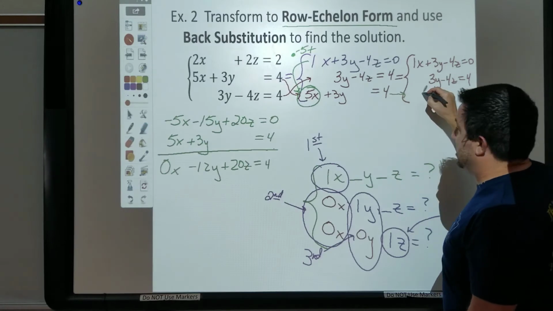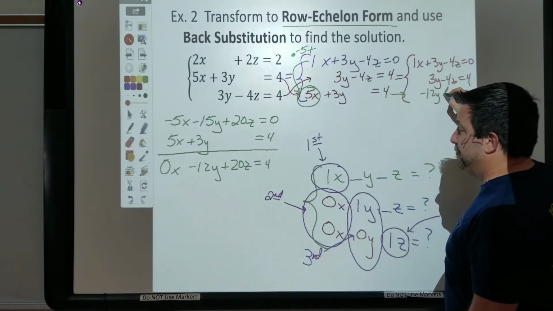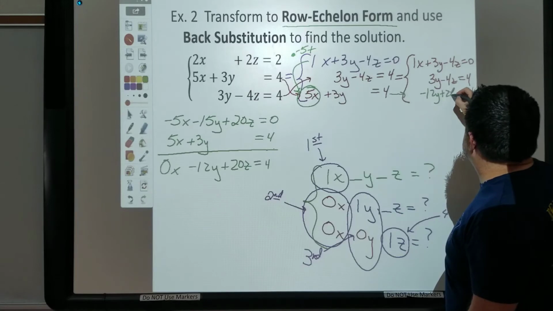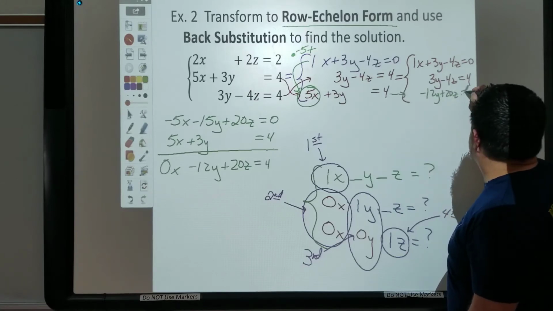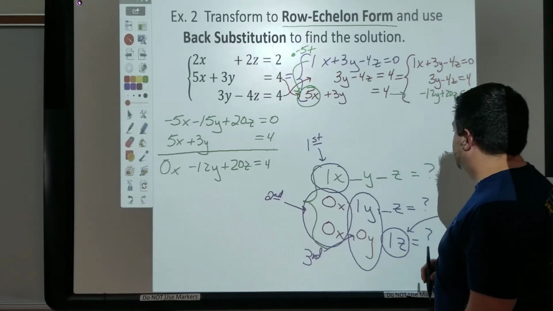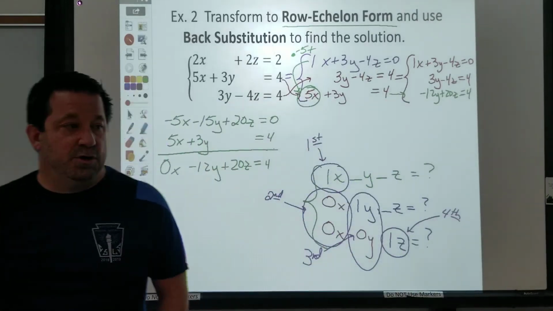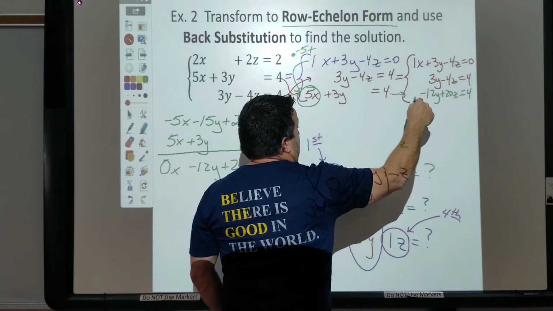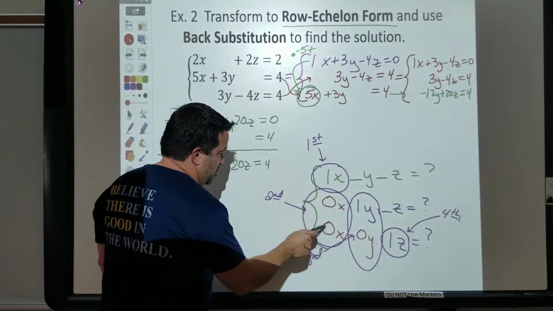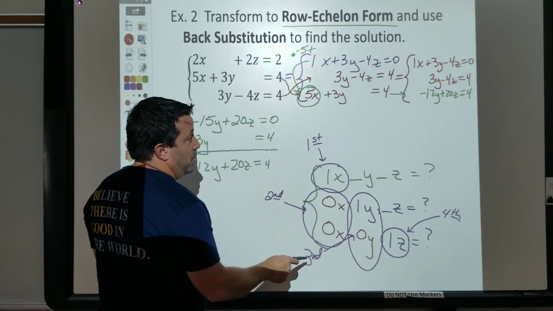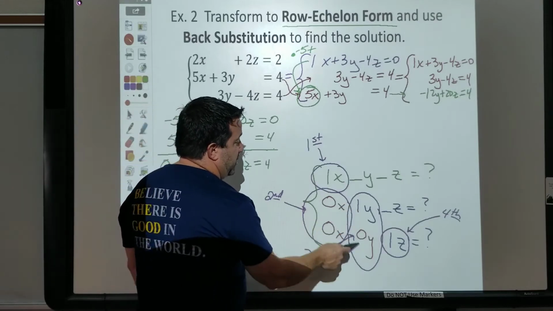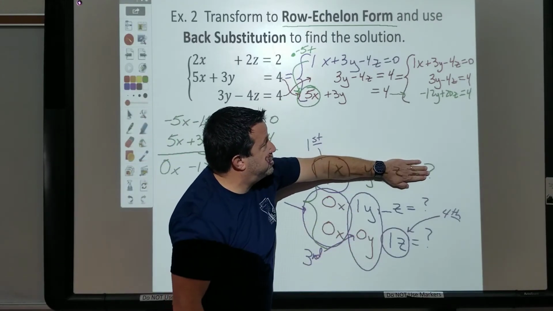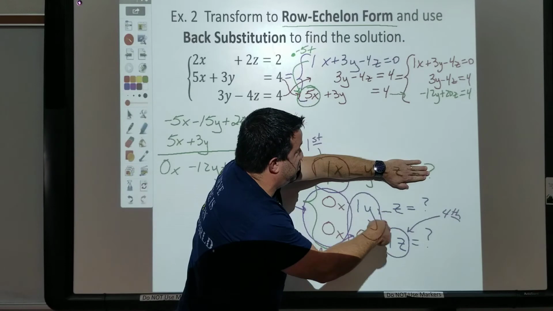So now I get negative 12y plus 20z equals 4. I now have a 1x here, and my x terms are missing below it. So I am finished with step 2. Now I'm no longer going to use that top equation. I'm only focusing on these two equations.